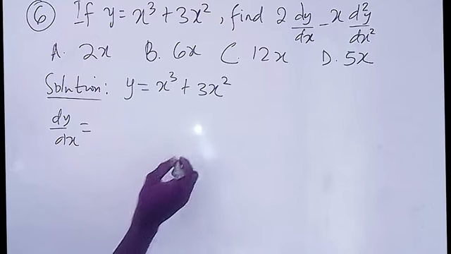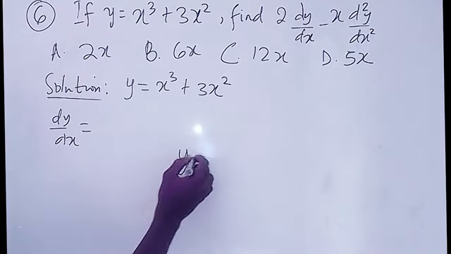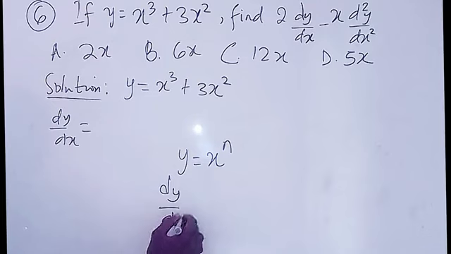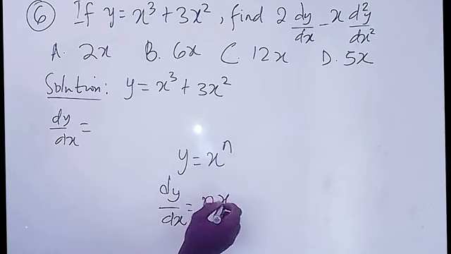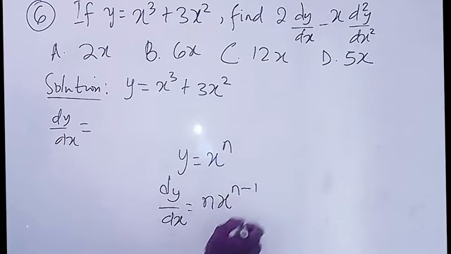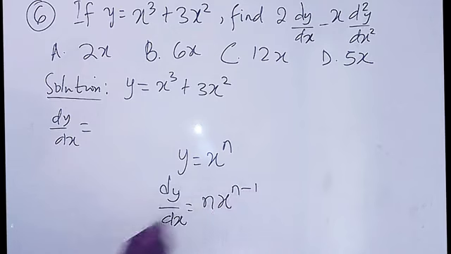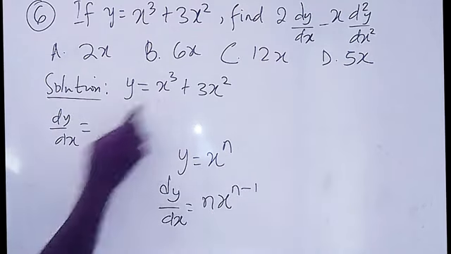Before that, remember that if y equals x to the power of n, the dy/dx of this function will be n times x to the power of n minus 1. So n will come down, then remove 1 from it. That is what we are going to do here.